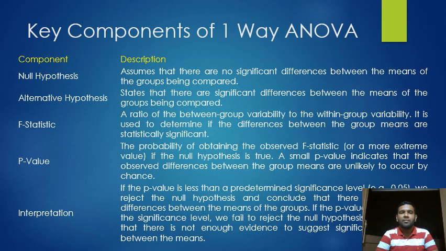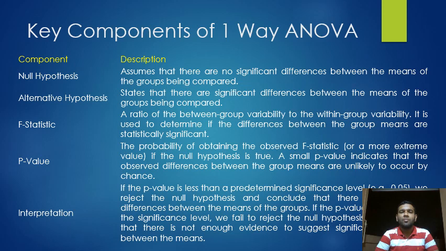As we saw about the F statistic and p-value, let us look at a brief description of the F statistic. The F statistic is a ratio of the between group variability to the within group variability. It is used to determine if the differences between the group means are statistically significant.